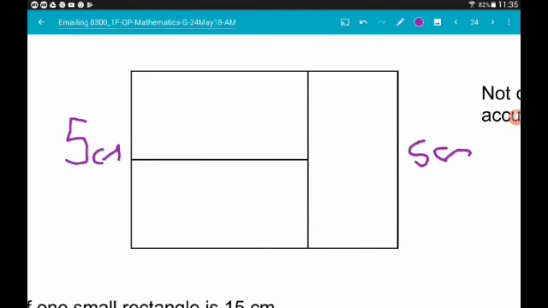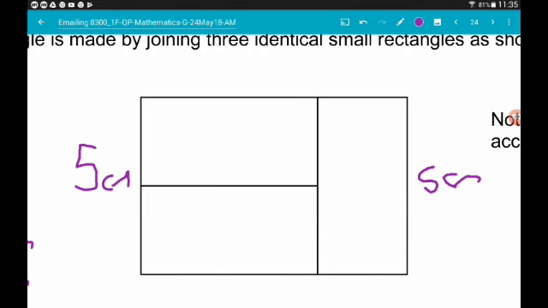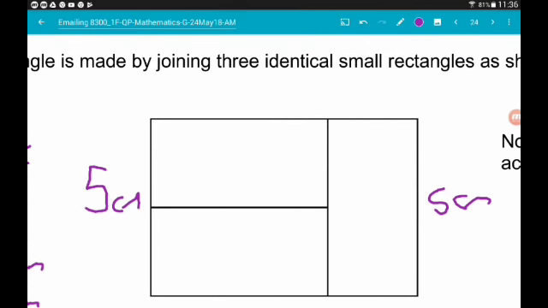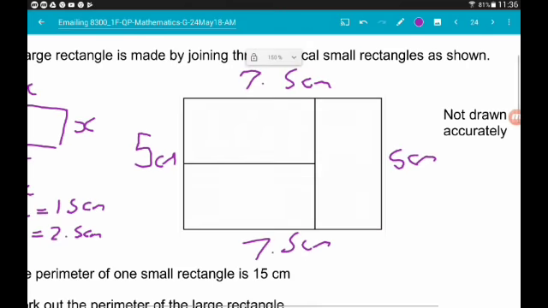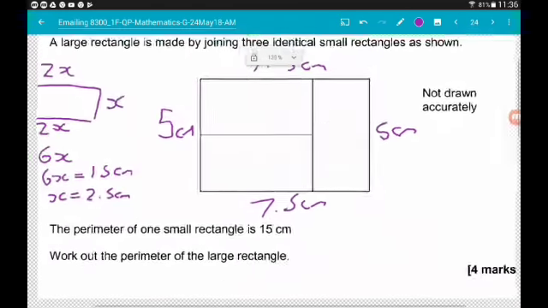Same on the right. Now the length of the big rectangle is 1 length and 1 width. So that's 5 add 2.5. So we got 7.5 centimetres on top, and the same along the bottom.